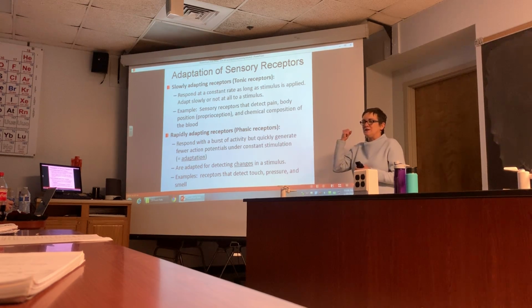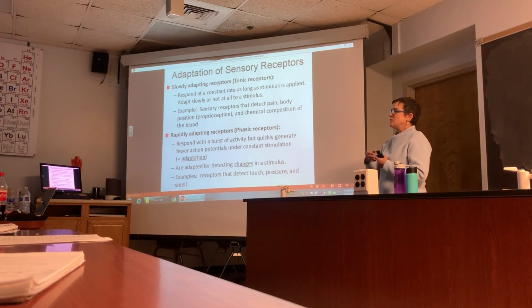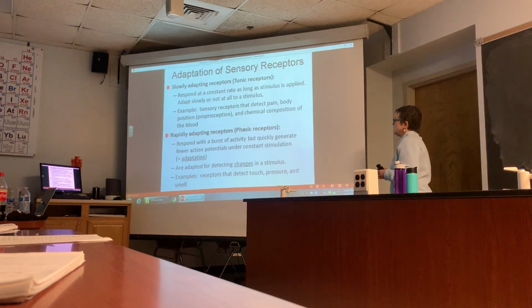You want them right on top of it, and since chemical composition is constantly changing and fluctuating anyway, there wouldn't be much time for adaptation. But still, you don't want sensory neurons that are detecting CO2 levels and pH of your blood adapting to that. You want them constantly monitoring and sending the information to the brain as that stimulation comes in.